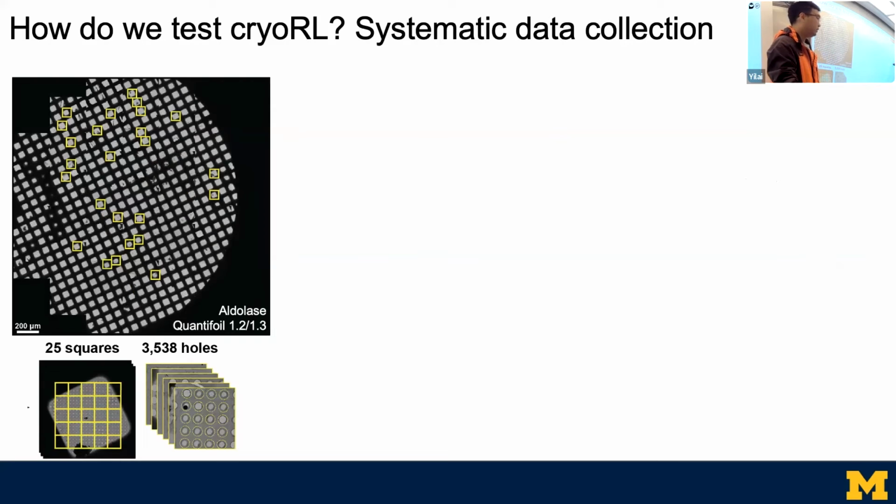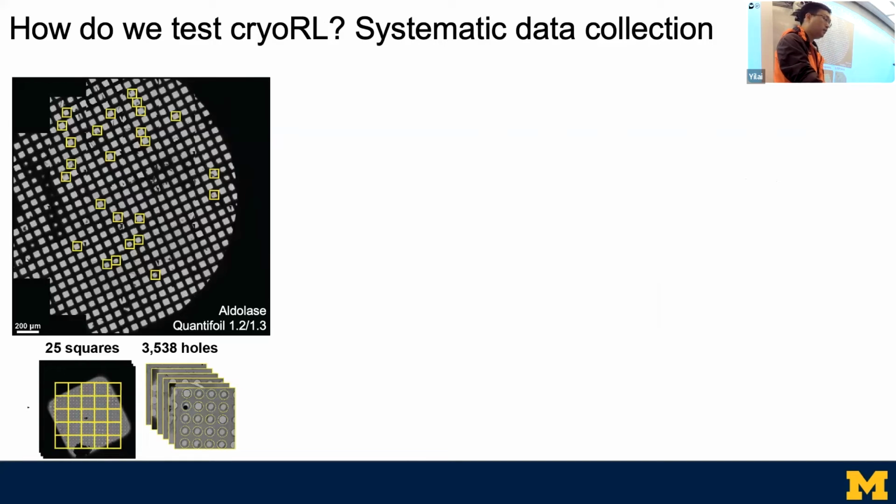Because this framework is not integrated in any real software yet, for testing cryo-RL, we need to obtain the ground truth to actually evaluate and test the performance. To do that, we need to collect a systematic data set.